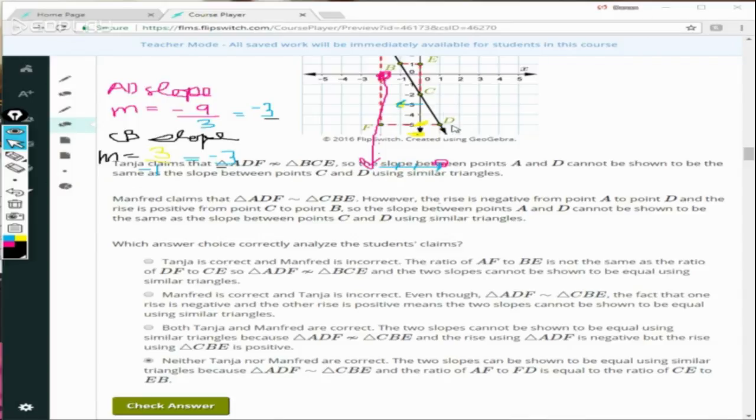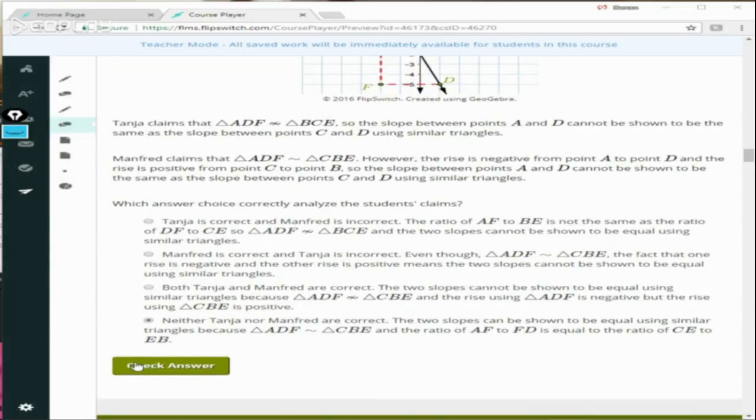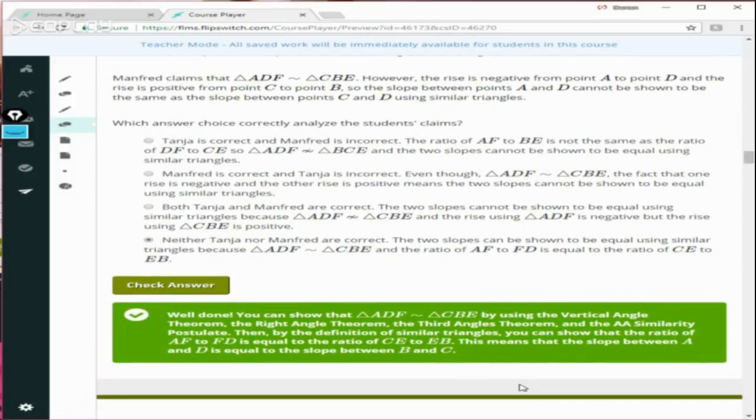The ratio of CE to EB, the rise CE to the run EB, that is also the slope. We have to talk about both parts if we're using slope. So that one is what I agree with. All right, and then if you want to read that, it gives you another reason of why the triangles are similar.